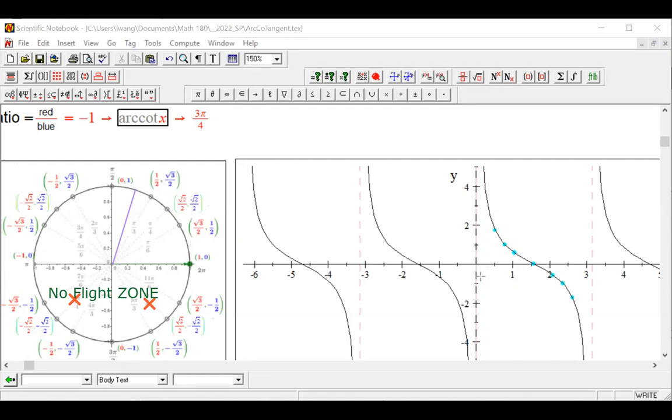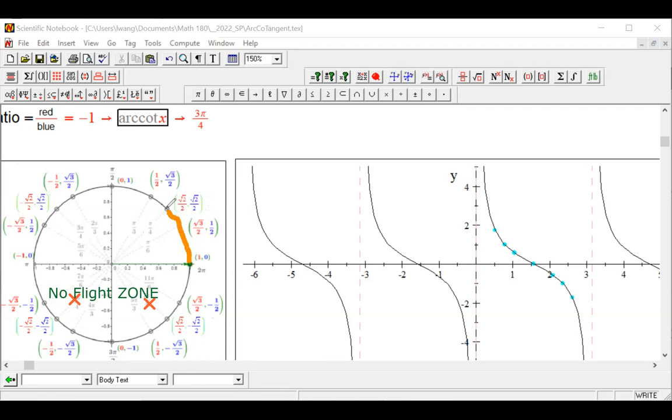And where is 0 to pi in the curve we did last time? Well, this piece of arc length is the maximum we can get.